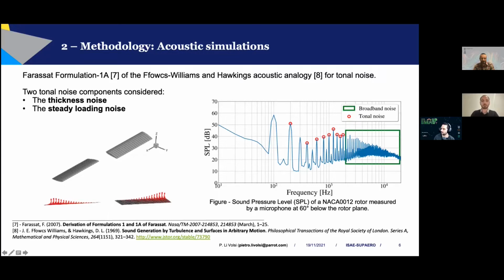For our study, we will calculate the first peak of the tonal noise, also called first BPF SPL, by means of Farassat's formulation 1A equations. Our tonal noise, however, is composed of 2 components, the thickness noise and the steady loading noise, since we run steady aerodynamic simulations.